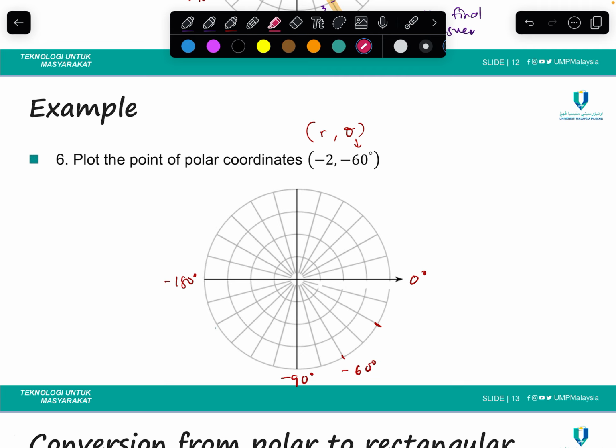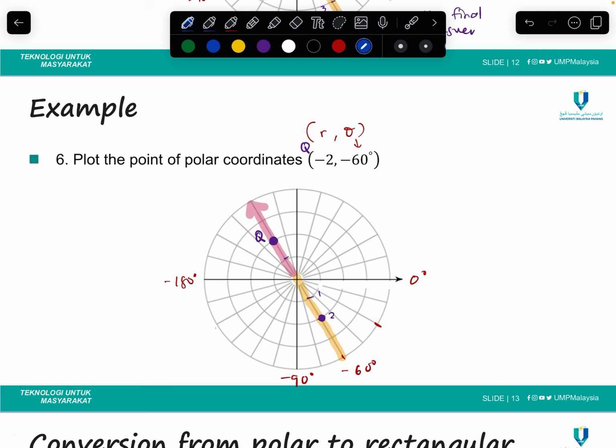Now you know this is your direction, -60. But for r you have -2. If it is 2, it is here, but -2 means that the direction should be the opposite side, here, with the same distance 2. If this point is denoted by Q, this is your final answer, Q.